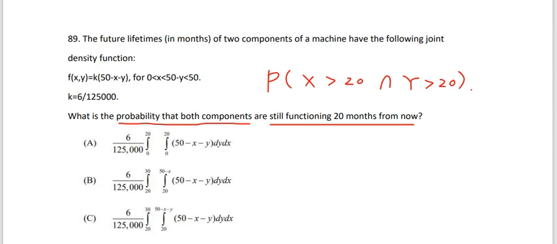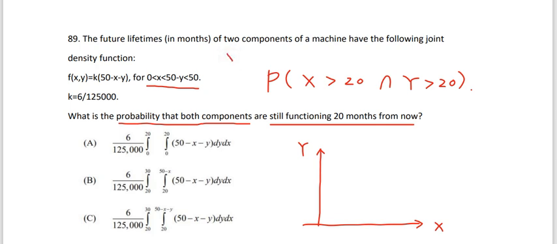Okay, so here XY is the range for X and Y. So we should draw this. Let's say we change this inequality to equal.